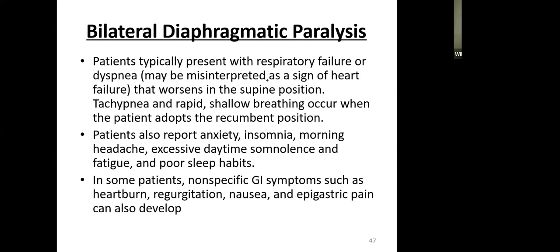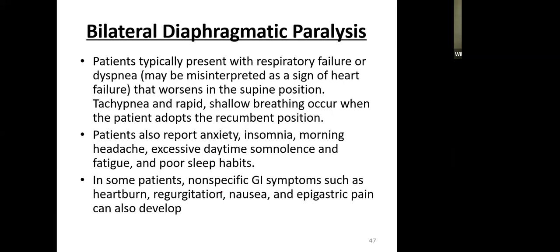It may be interpreted as a sign of heart failure that worsens in the supine position. Tachypnea and rapid shallow breathing occur when the patient adopts the recumbent position. Patients also report anxiety, insomnia, morning headache, excessive daytime somnolence, fatigue and poor sleep habits.